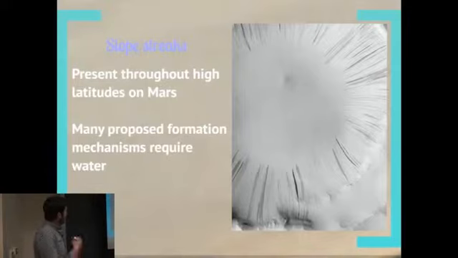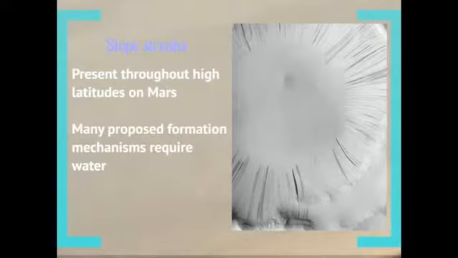There are a lot of proposed formation mechanisms for these, some of which do not require water, which gets back to that question, right? What alternate formation mechanisms might there be? Just because this thing we see on the Earth requires water doesn't mean that these things that we see on Mars necessarily require water. So we'll have a talk about slope streaks this afternoon.